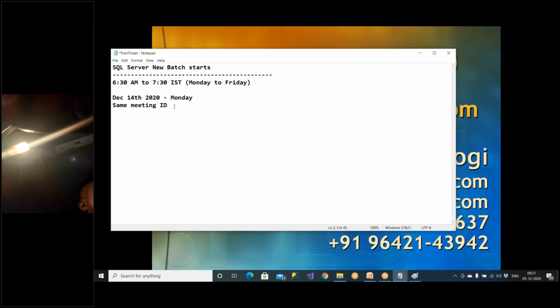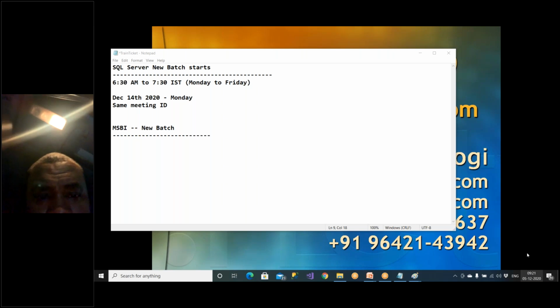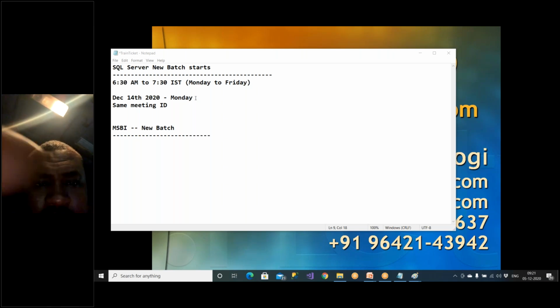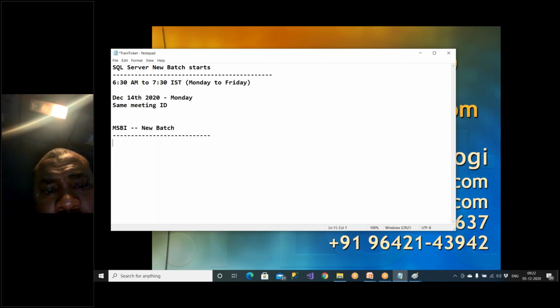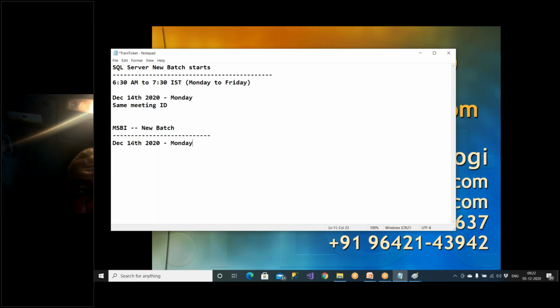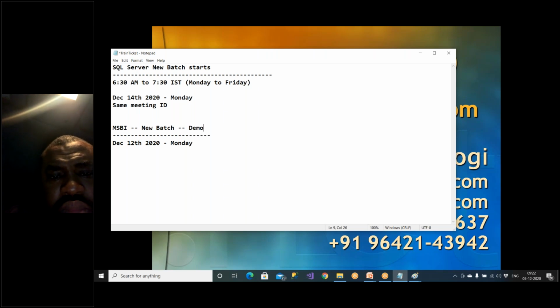Clear? That is for SQL Server. If anybody wants to attend the new MSBI batch, the demo is going to happen next Saturday, December 12th. If anybody wants to attend the MSBI demo, it is on Saturday.